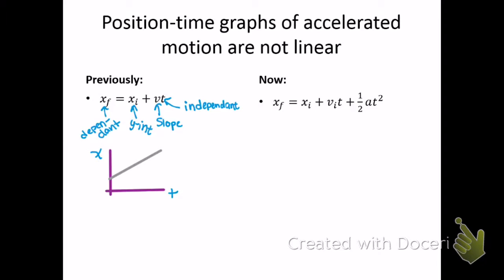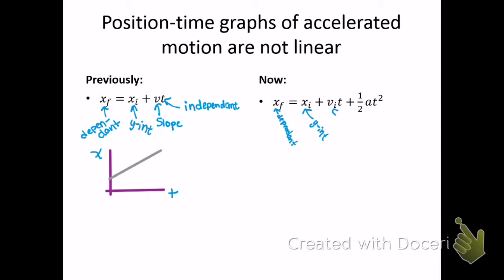Now we're going to look at it a little bit differently. We're going to look at our little bit more complicated version. All right, we're still going to look at the fact that xf is our dependent variable. All right, xi is our y-intercept. All right, vi does still have to do with the slope.